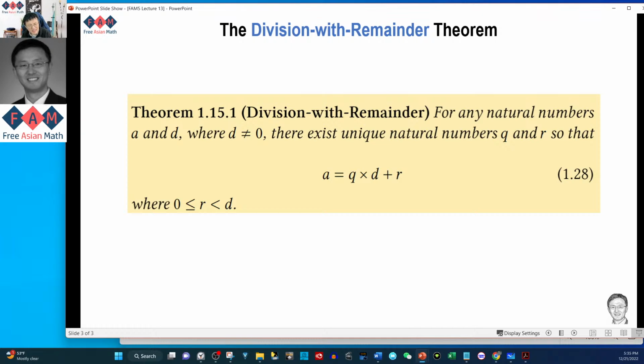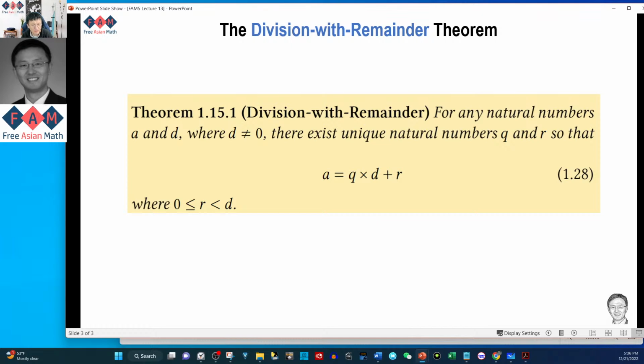And that number, how many times, is our quotient Q. And then after this last step, we will have a remainder. And this remainder we know is non-negative, but it can be zero. If it is zero, then we have actually a perfect division. So this will be actually A equals Q times D. That will be our normal division.